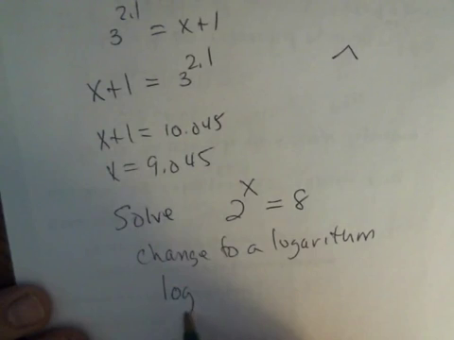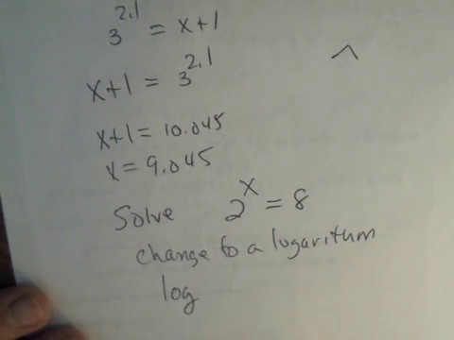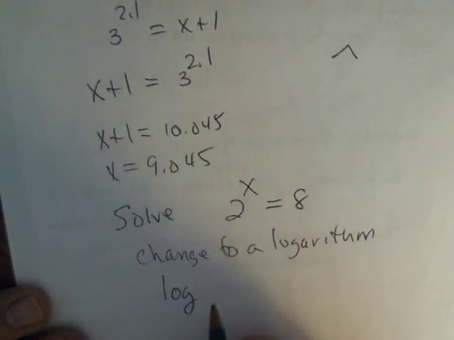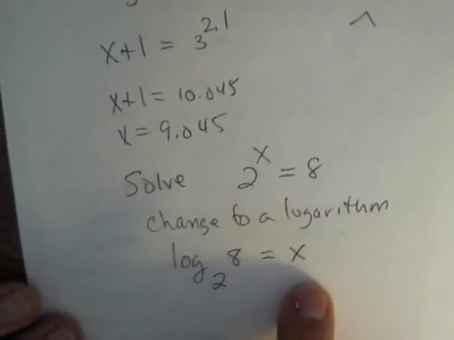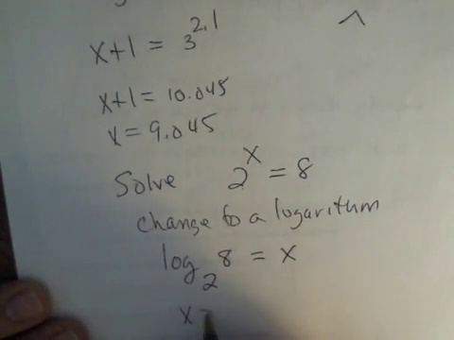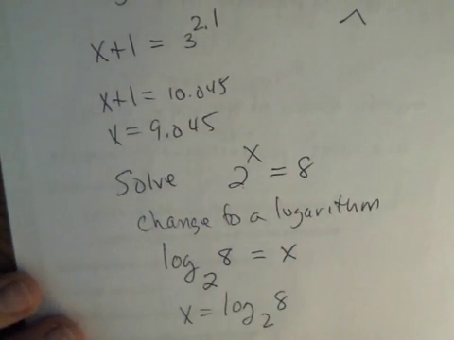So I write the log function down. The log function by itself means nothing. It's kind of like the square root function. You've got to have a number with it. And I know that 2 is my base, 8 is my number, and the exponent goes on the other side. So then what I know is x is log base 2 of 8.